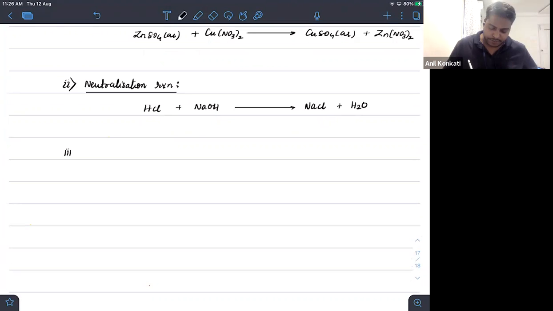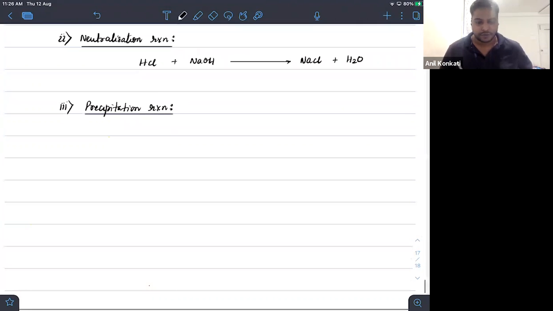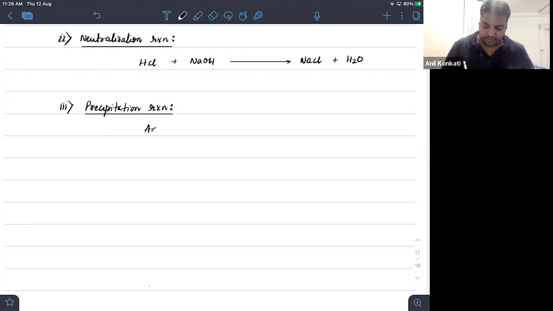Third one is a precipitation reaction. So in precipitation reaction, if you observe, what you will have is AgNO3 aqueous plus KCl aqueous. On reacting both of them, we are getting AgCl as precipitate and KNO3 aqueous is formed.